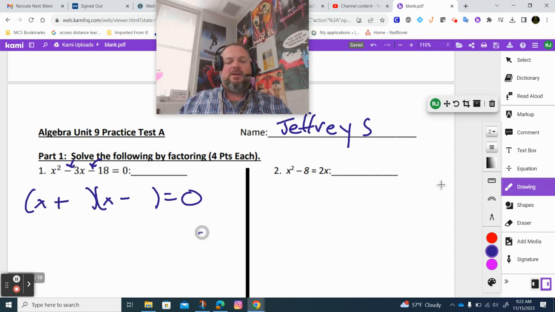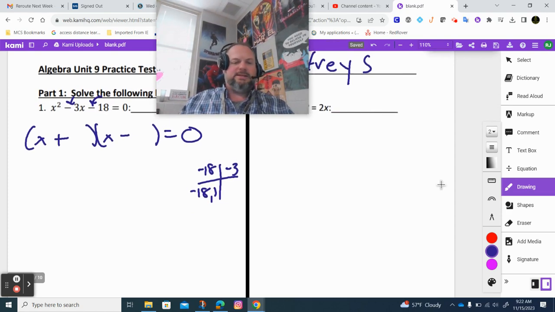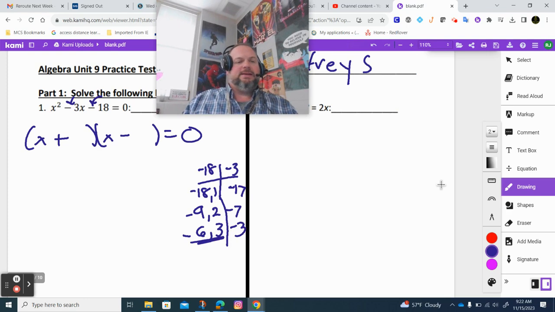Now, for those that need to list the factors of 18, see 18, got 9 and 2, 6 and 3. All right, so this gives us negative 17. This gives us negative 7. Negative. All right, here's the factors we need.